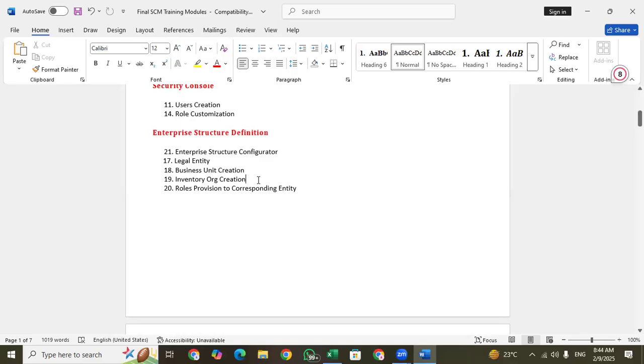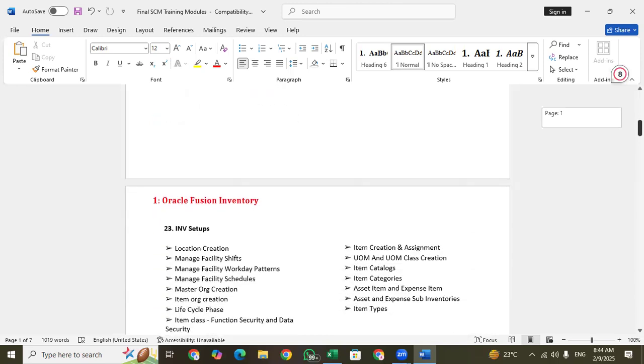So they store the cars outstation, on the city outskirts. They take a big godown, where all the cars come in. Whenever a sale is created, they pick the car from the godown and deliver it to the showroom level. So business units are there, and under the inventory organization we have godowns and other things that we call sub inventories.